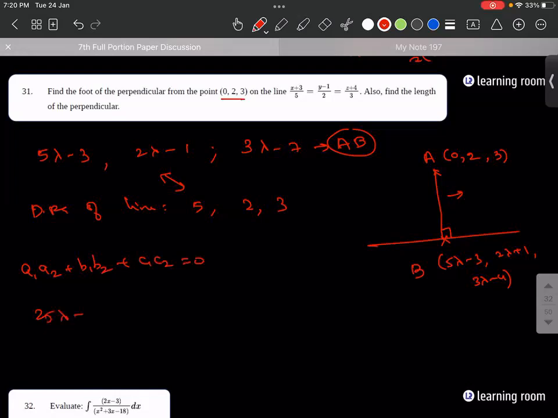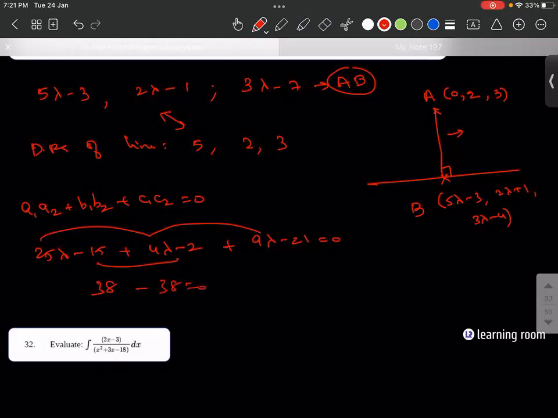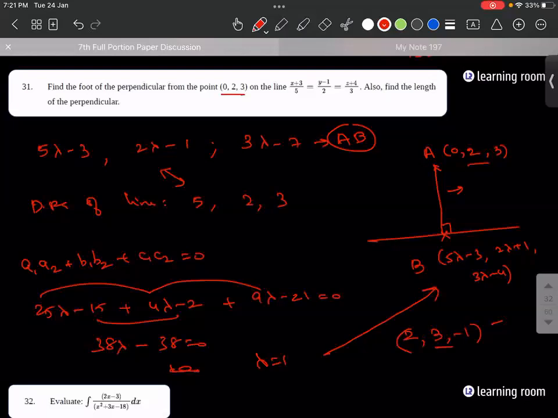So 25 lambda minus 15 plus 4 lambda minus 2 plus 9 lambda minus 21 is 0. So 25 plus 4 is 29, 29 plus 9 is 38 lambda, minus 15 minus 2 is 17, 17 minus 21. So 38 lambda is equal to 38, so lambda is 1. When you substitute lambda equal to 1 here, what will you get? 2, 3, minus 1. So that is the point. What will be the distance between them? Calculate.